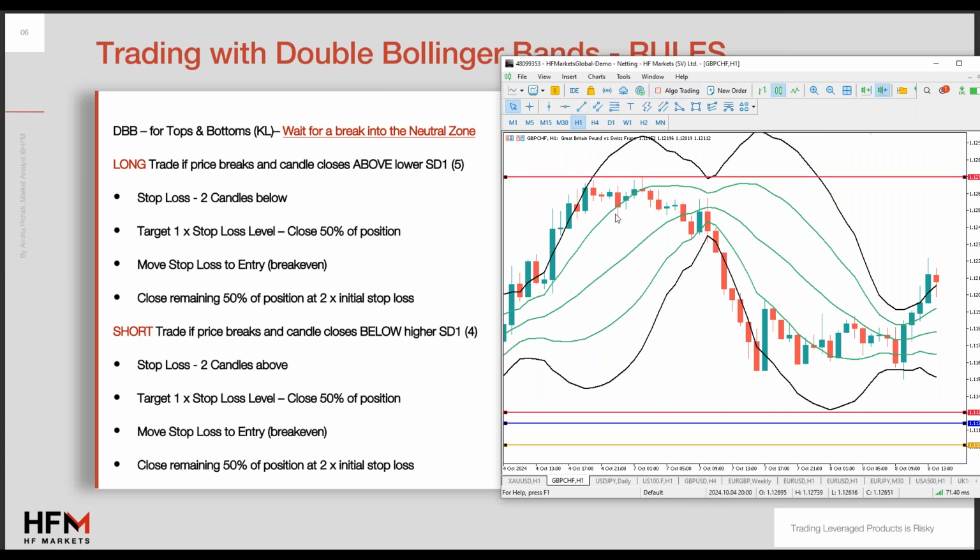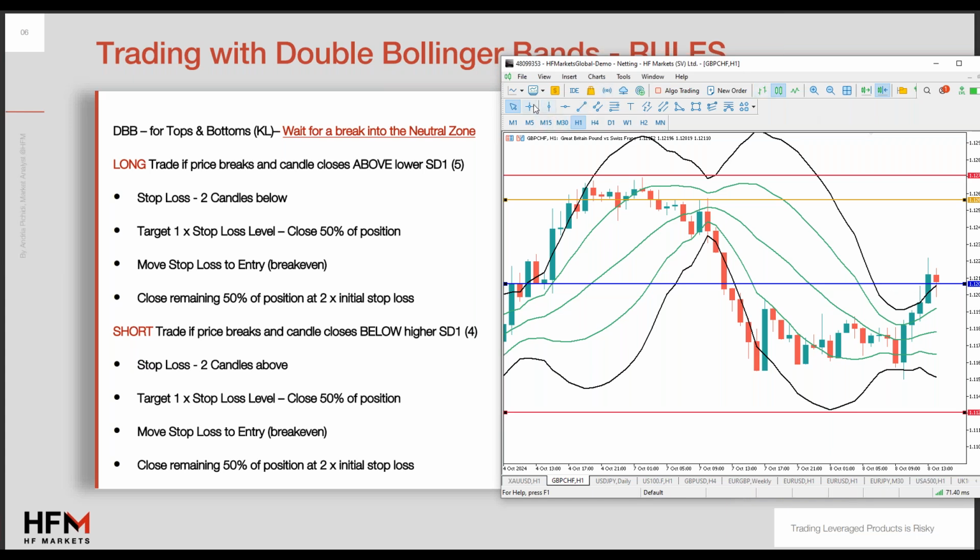So that should be here. Don't be afraid to put it a bit higher, just a breath above the high. That's more wise. Target 1 should close 50% of your position. So the entry was here, right?